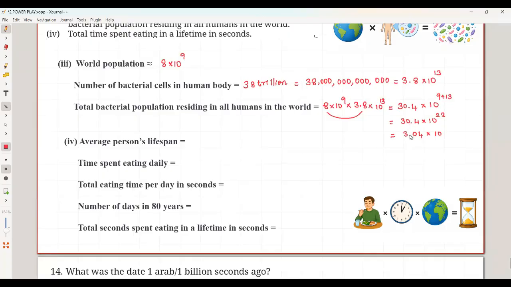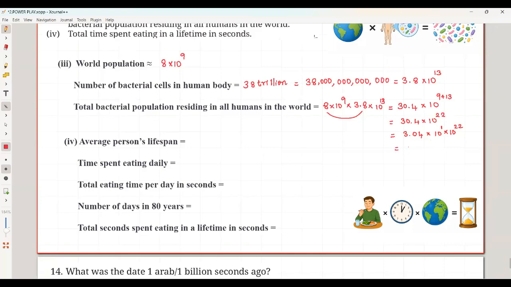So 30.4 is 3.04 into 10 to the power 1, into 10 to the power 22 we have.